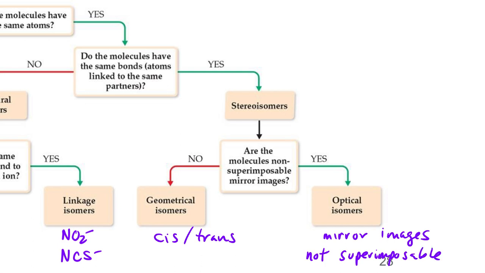So if you're going to focus on a couple of things here, this chart is great, but also I think identifying the difference between geometrical and optical isomers can be a little tricky. Okay, so take a look at that. All right? Questions on that?